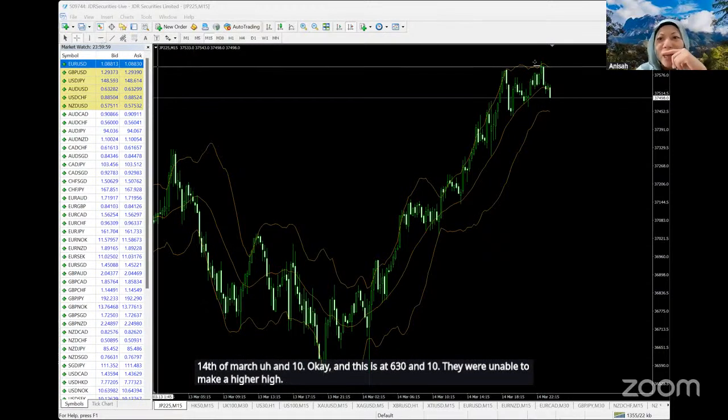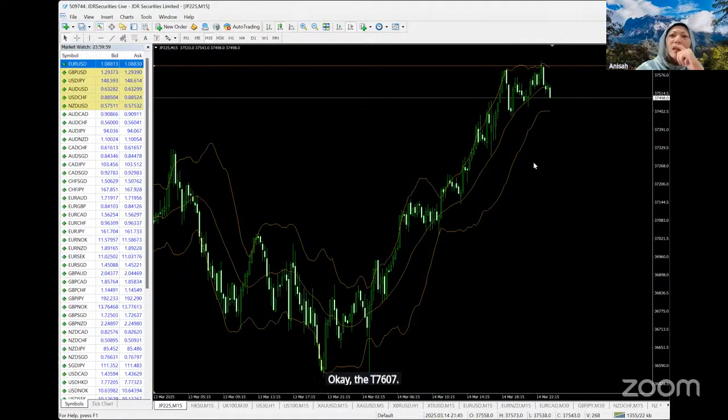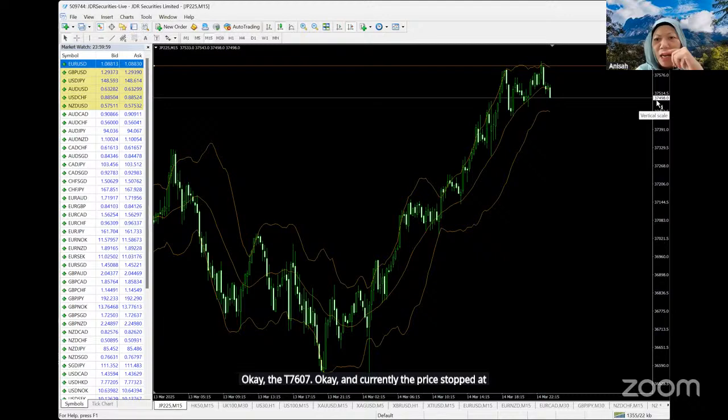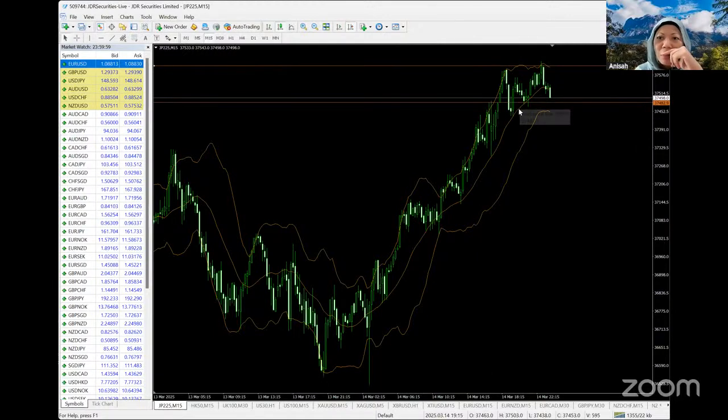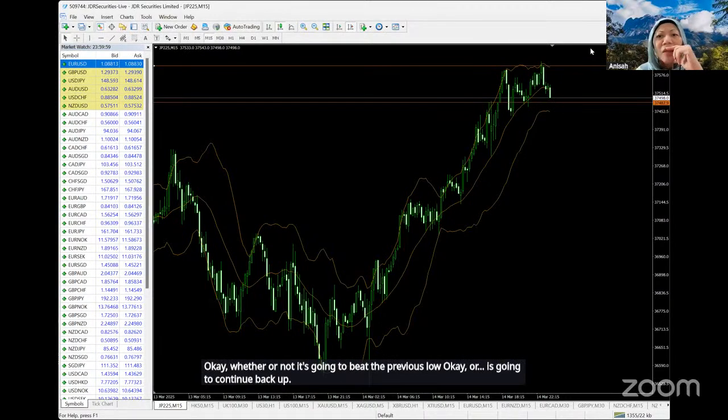So we can mark that level, 37,607. Currently the price stopped at 37,498. Whether or not it's going to beat the previous low, or it's going to continue back up, I'm going to wait.